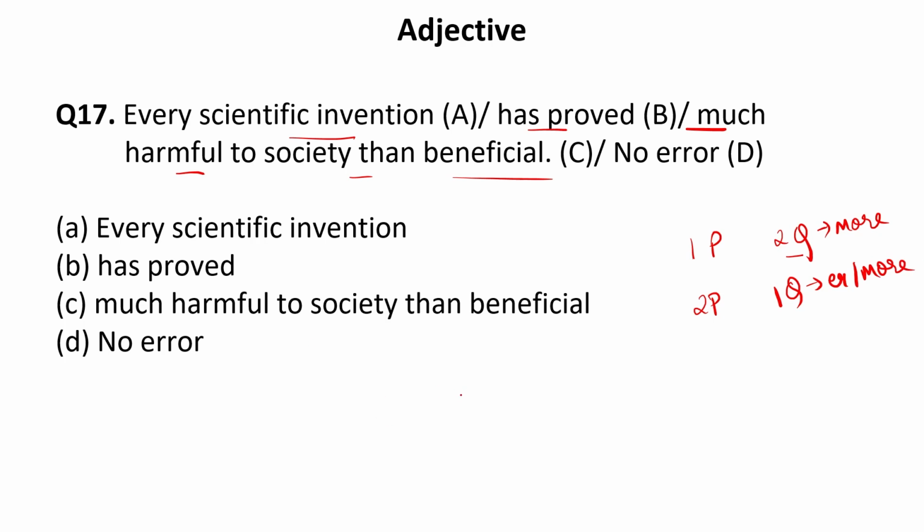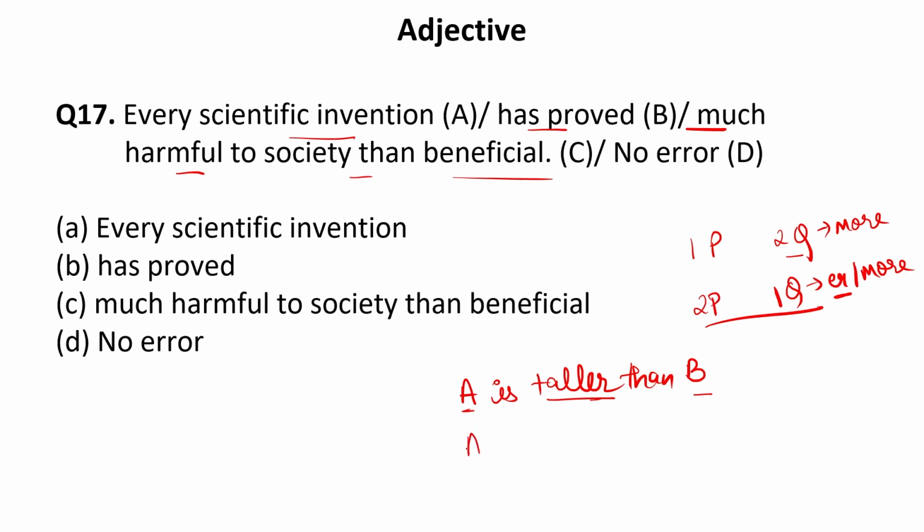For example, if I say A is taller than B, now here we have only one quality and two persons. This shows that A is taller and B is shorter. So only one quality is there, which is compared between these two persons. We have used "er," taller, because with "tall" we can write the suffix "er."